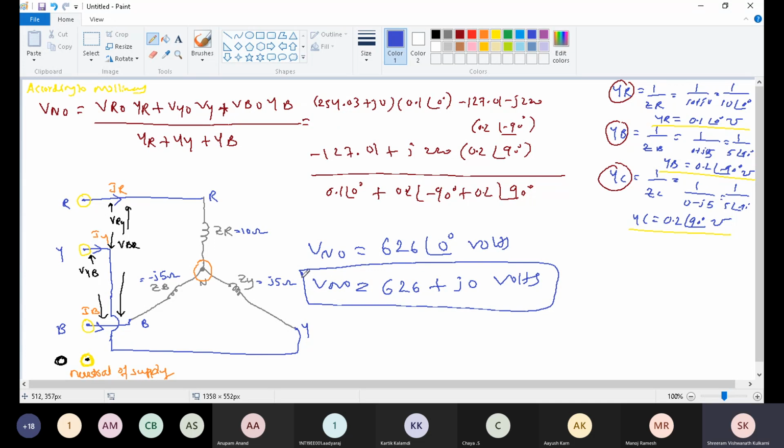Okay, now we know VR naught, VY naught, VB naught. See, phase voltages we have calculated. Now we need to calculate, what is the question?